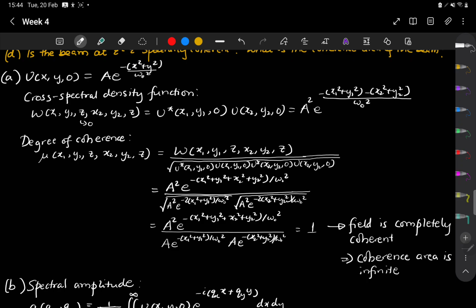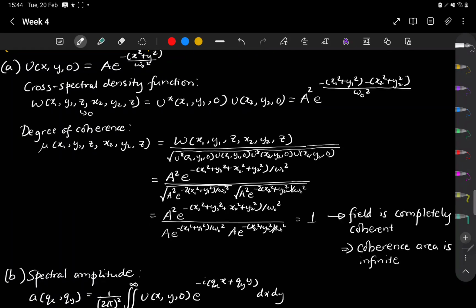That means you take the field, and if you consider any 2 points in that field, they will be coherent to each other. So that is what mu equals 1 means. And these 2 points can be as close to each other or as far away from each other, because mu, as you can see, is a constant. It is 1 and it is independent of the location of these points.